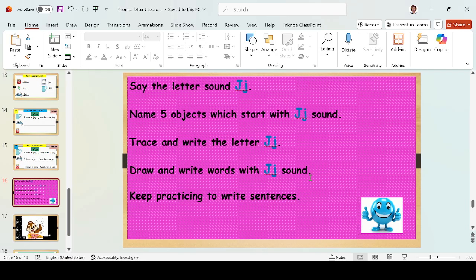Okay, you have a jug. That is my jet. Okay, I want you to keep on practicing to write sentences. Use the sentence structures that we have done so far. So you need to keep on visiting our previous lessons, okay? Don't just say, I'm done with lesson 10, so I'm not going to watch it again. No, you need to watch it so that you keep on learning the sentence structures that we did, okay? So that you don't forget anything.